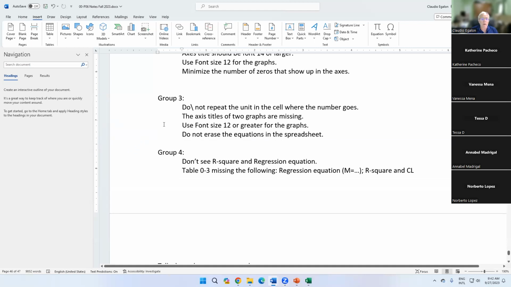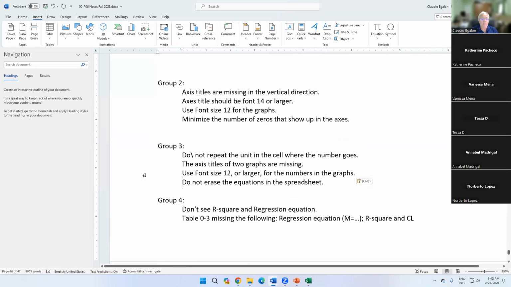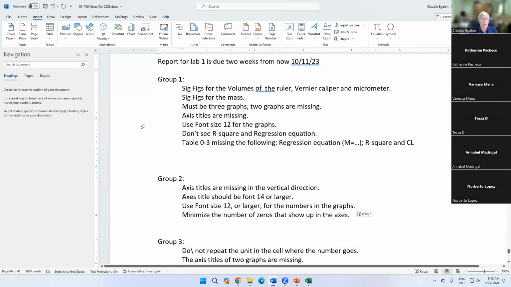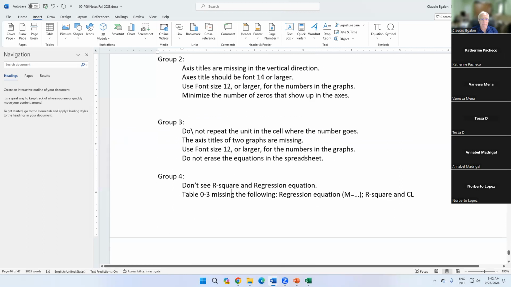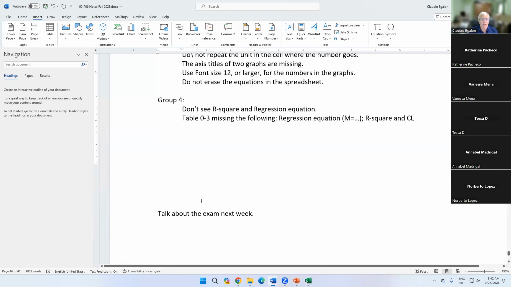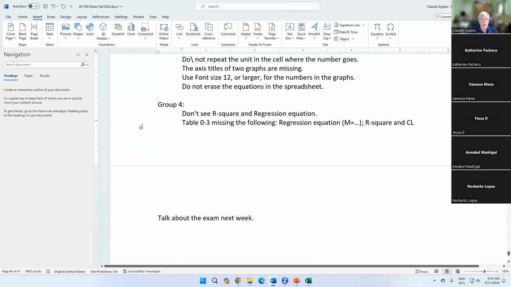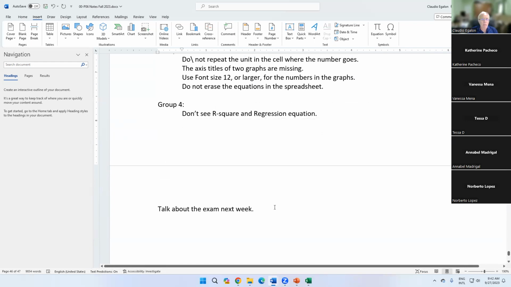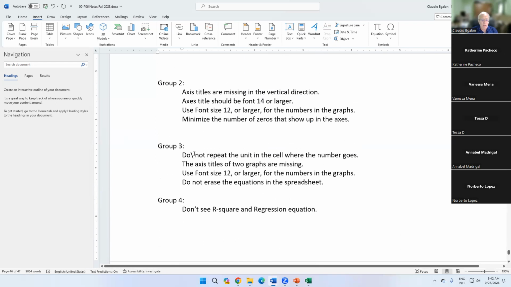Okay, good for the graph. Okay, we didn't have any problem about this one.